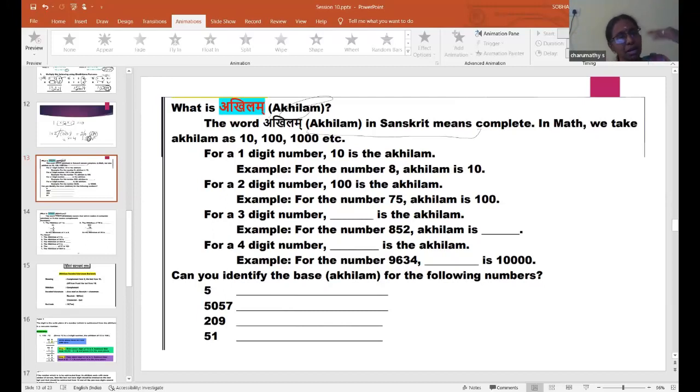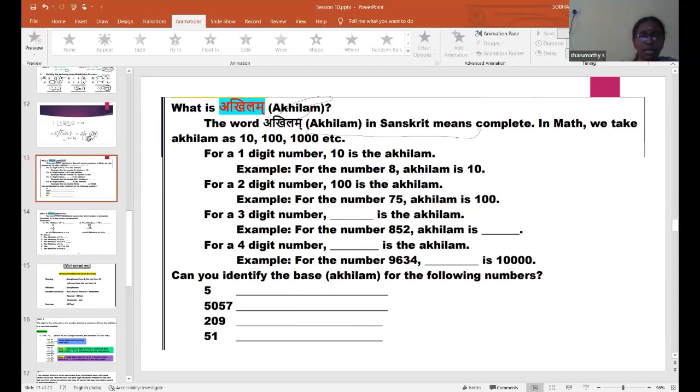So it can be extended for n number of digits. So for a 1-digit number, 10 is the Akhilam; for any 2-digit, 100; for 3-digit, 1000. If we teach this concept, it will be easy for them to take it further to solve the problems. That is what I meant when I started, with the small Vedic mathematics PPT which I shared with you all.